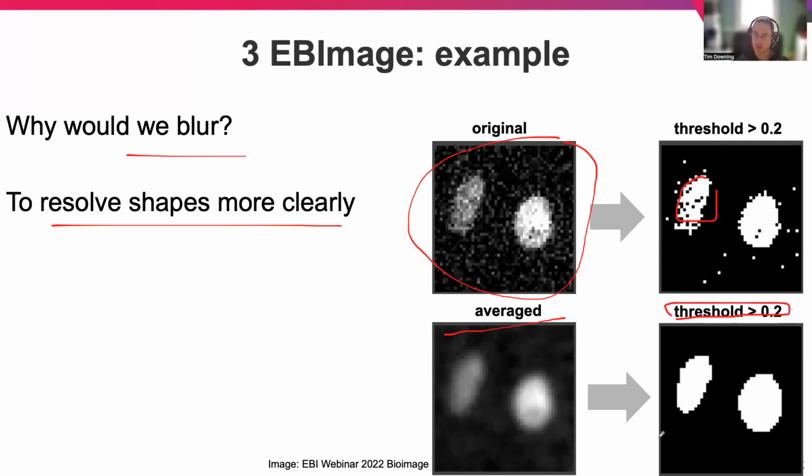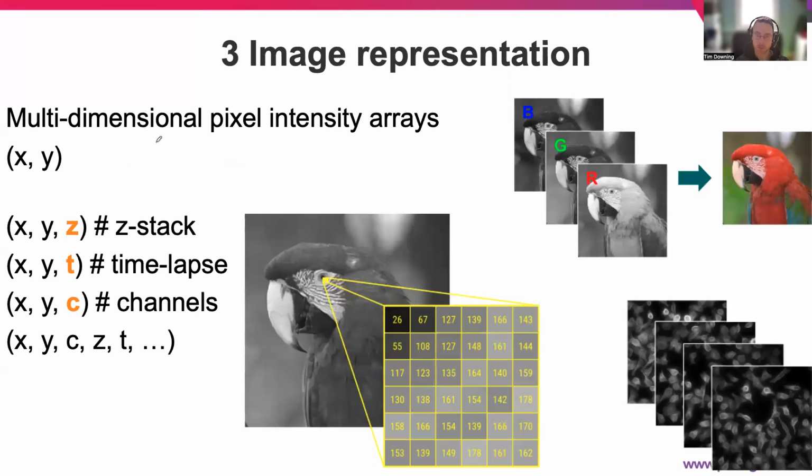We can also think about that we're dealing with pixel intensity arrays. So if we had a grayscale image like that, each pixel contains a value of brightness. And then if we have multiple channels, so we could have things like time, XYZ, and blue, green, red, together three different channels.